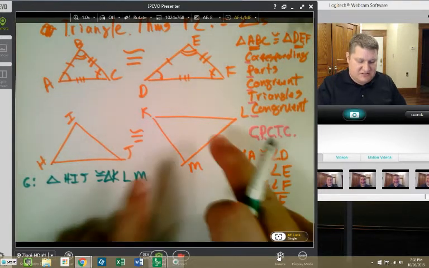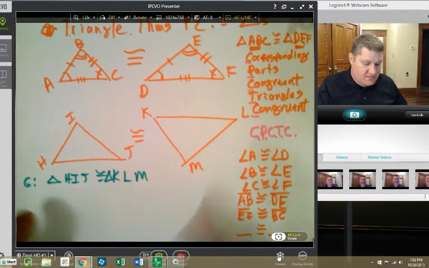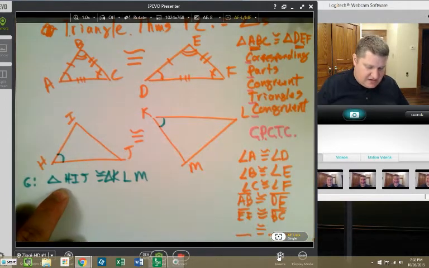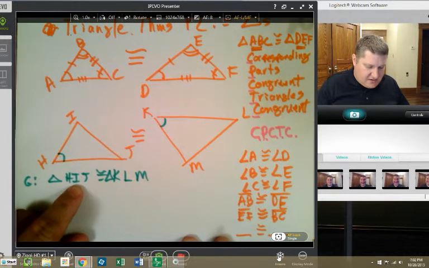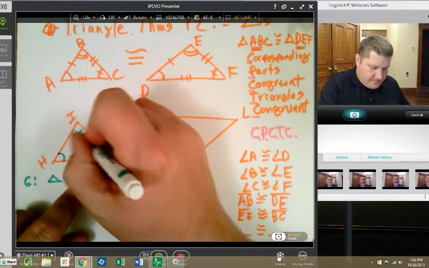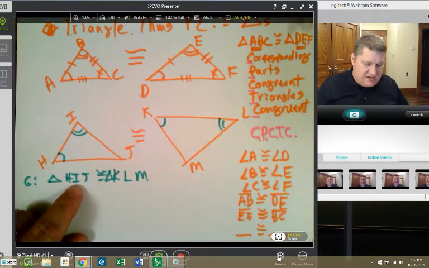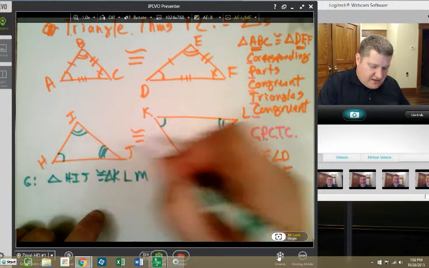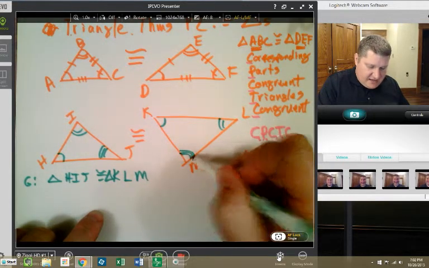Now, the challenge is this is not oriented the same as the other. So H goes with K, so that goes together. I goes with L, but you'll notice you can't just look at things and determine which ones are the same. You actually have to read it through. And finally, J and M.